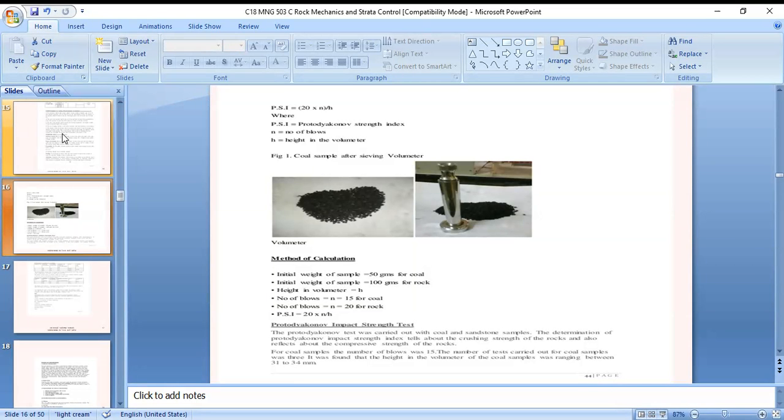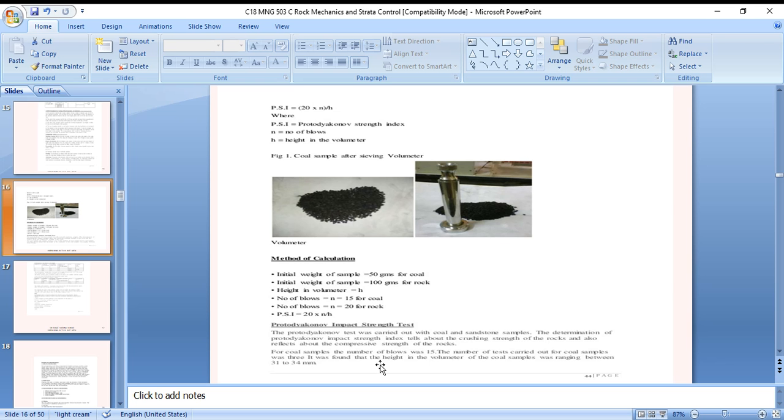This is a Protodyakonov impact strength test. The Protodyakonov test was carried out with core sandstone samples. The determination of the Protodyakonov impact strength index gives the crushing strength of the rock and also reflects the compressive strength of the rocks.